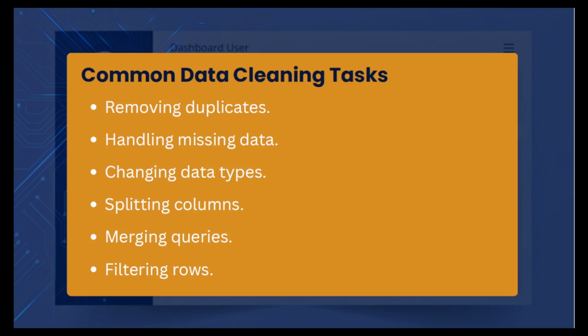There are many methods by which you can handle missing data. Anyway, more videos on that. Then changing data types. Sometimes when you load data onto Power Query, the data type might not be well formatted, so you need to manually change it to the correct data type. Power Query can help you with that.